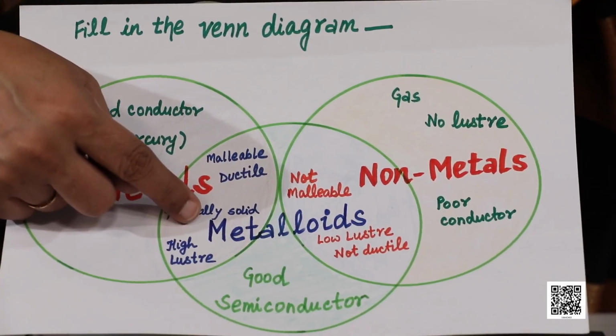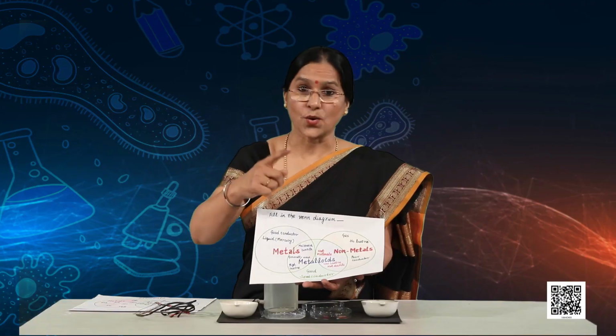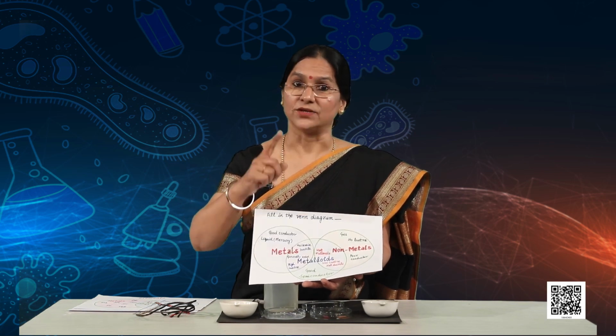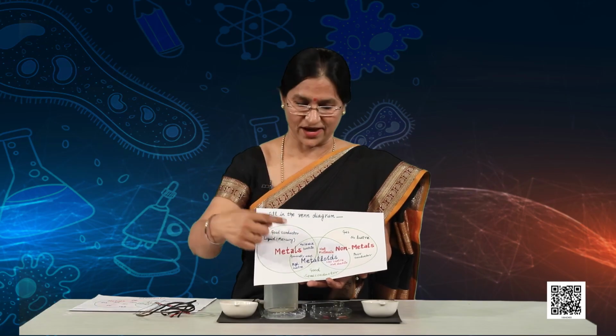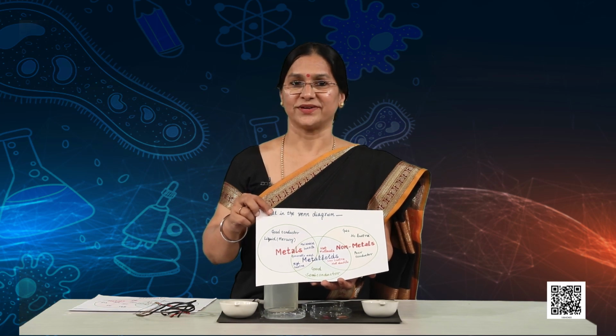Over here you can write the physical properties of non-metals, and the common properties you can write in this portion of the circle, and the properties of the metalloids that you have to go and find out yourself, do a little bit of research as I told you, and write them over here. So, this will be a nice way to keep a record in your portfolio.